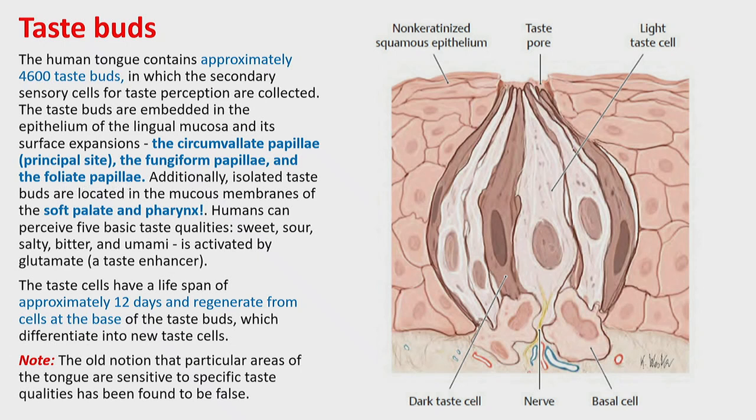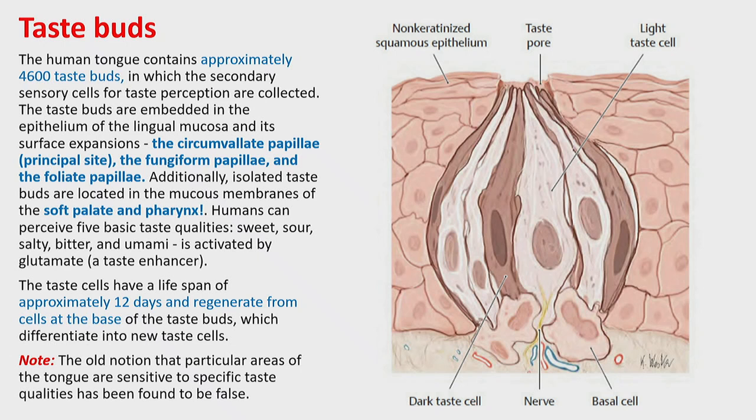Interestingly, you also have some taste buds in the soft palate and some part of the pharynx. So not only the tongue, but also the soft palate and pharynx contain taste buds, and that's why you can have this perception of taste.